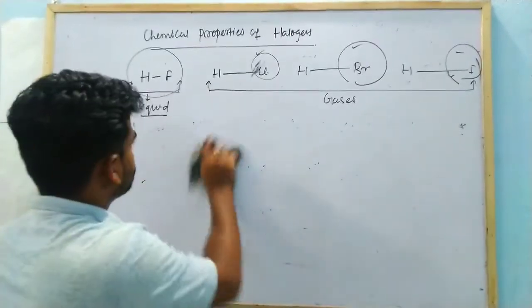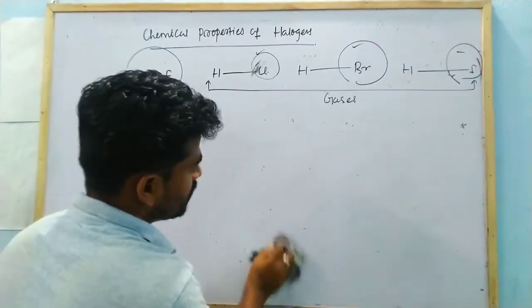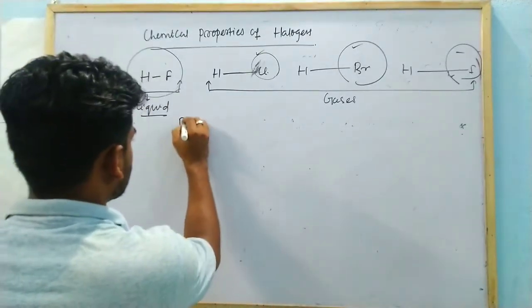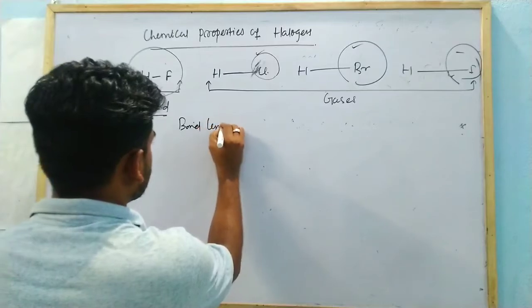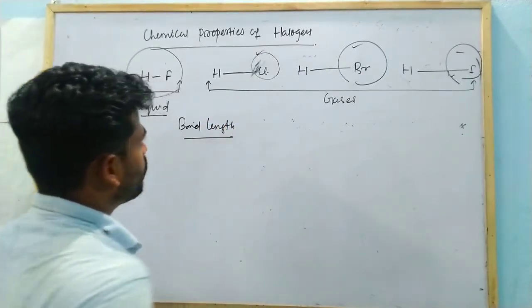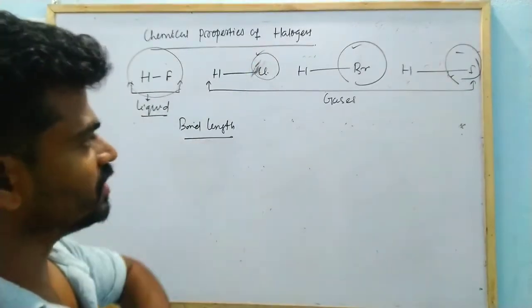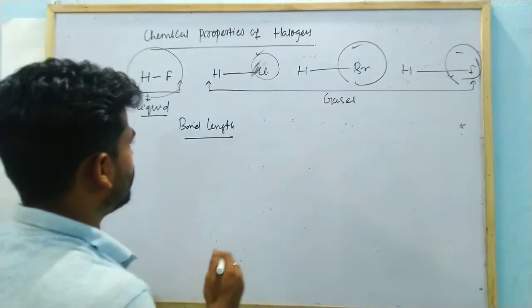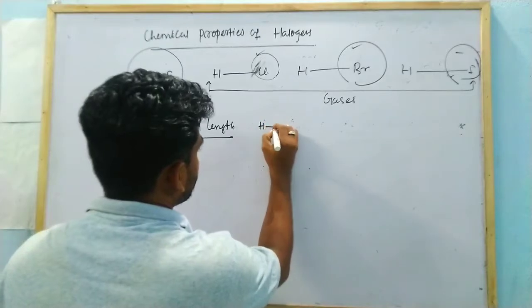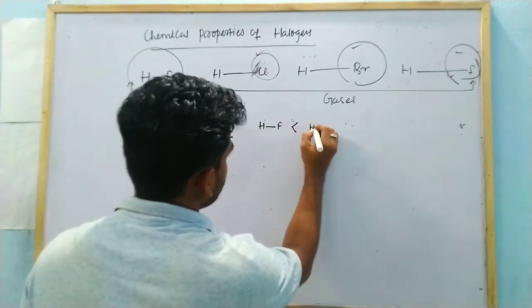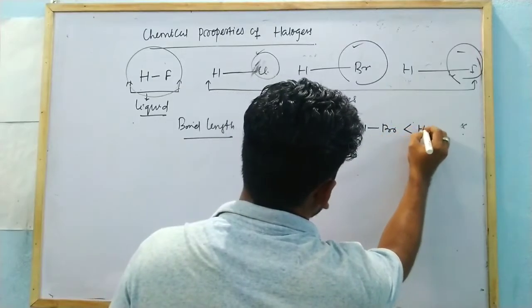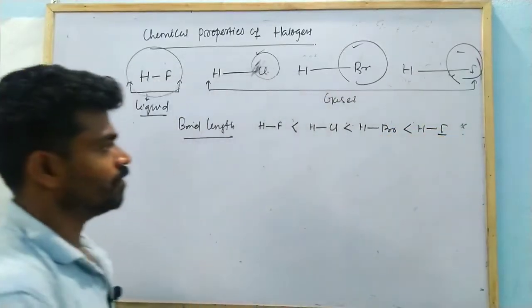Next, we have to discuss their bond length. First tell me about their bond length. Bond length clearly depends upon the atomic size of the halogens. From the diagram it is also clear that bond length increases in this order: HF, HCl, HBr, and HI.